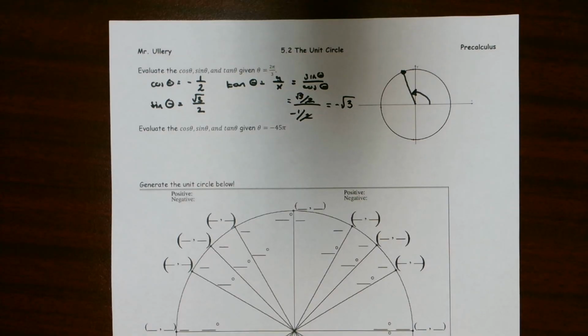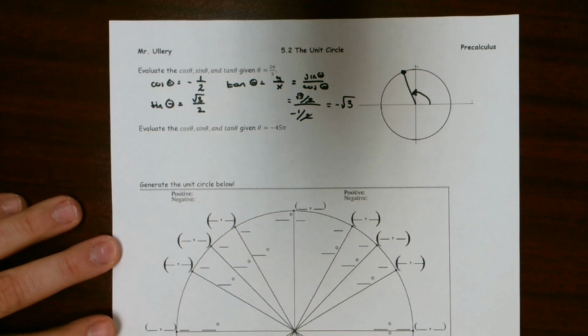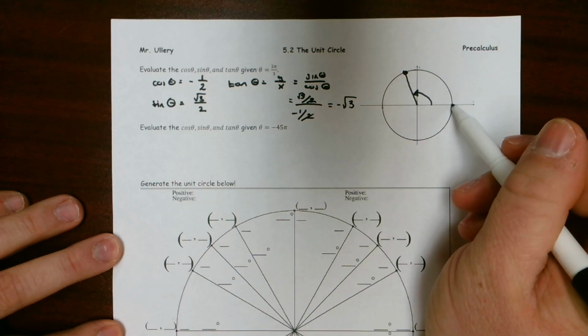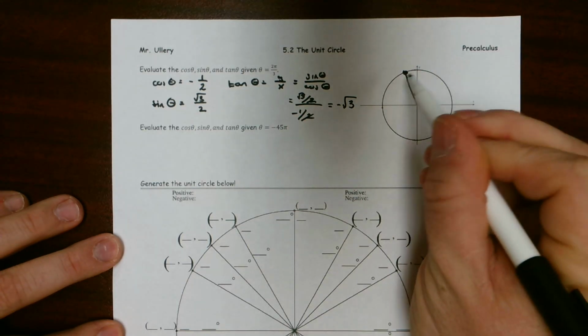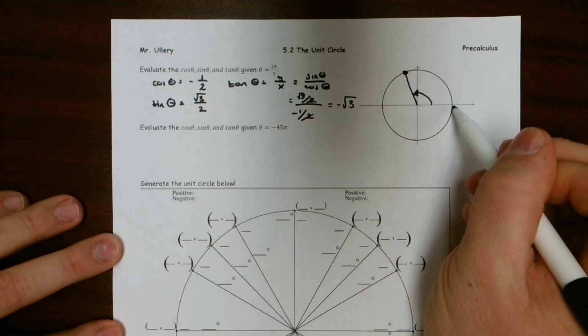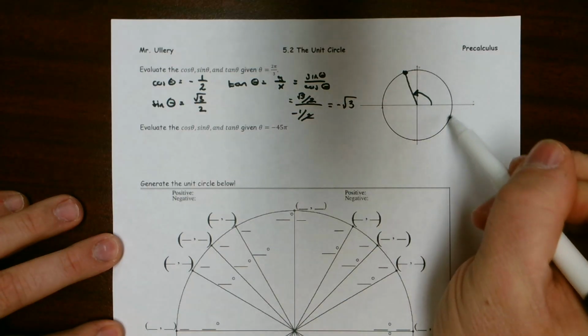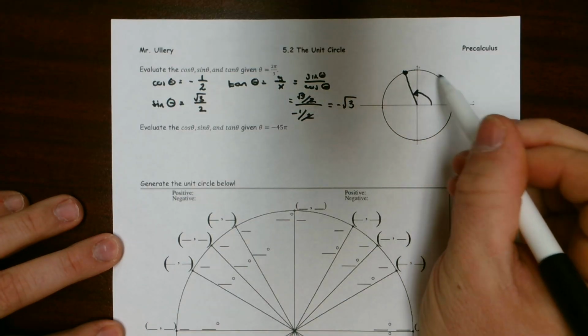Moving right along, we're being asked to evaluate the cosine, sine, and tangent of -45 pi. You probably noticed a little trend: here's 0, 1 pi, 2 pi, 3 pi, 4 pi, odd pi, even pi. And it's the same thing going backwards: -1 pi, -2 pi, -3 pi, -4 pi, negative odd pi, negative even pi.